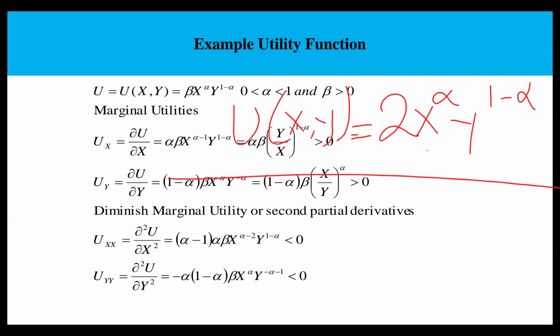That is what I want you to do so that you can find what we call diminishing marginal utility. To find diminishing marginal utility, you have to do the second partial derivatives. The second partial derivatives mathematically express the relationship that we are conversing on.